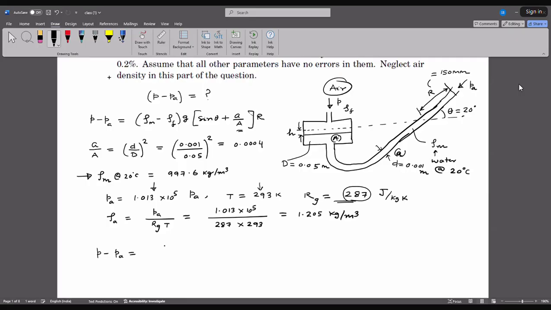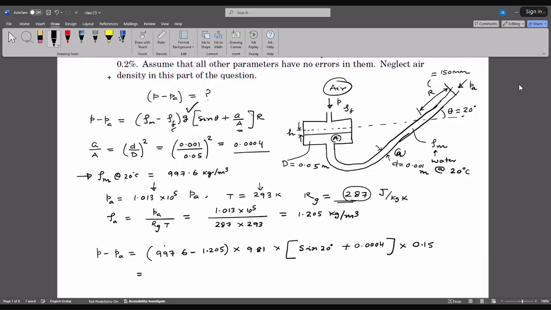P minus PA is going to be the density of the manometric liquid, which is 997.6, minus the density of the fluid, which is air, 1.205, into 9.81, that is G here, into sine theta, sine 20 degree, plus a by A ratio, which we have already found, 0.0004, into R. R is 150 millimeter, that is 0.15.